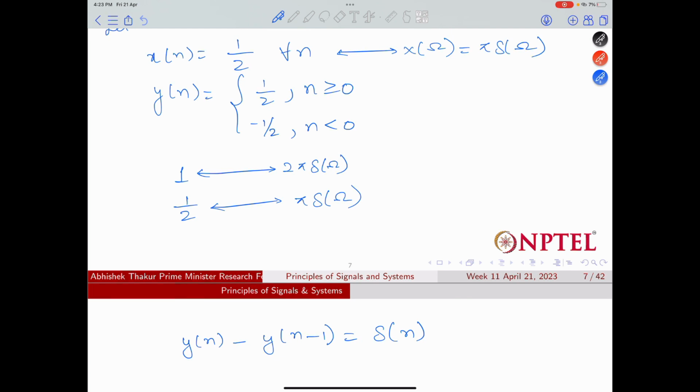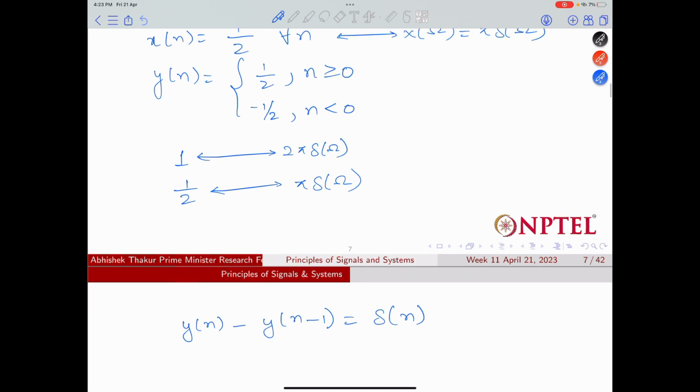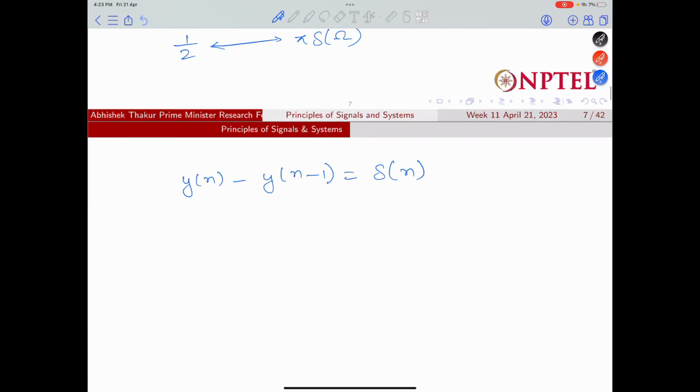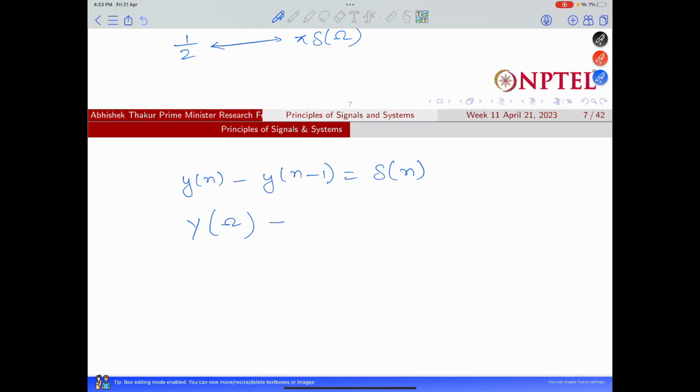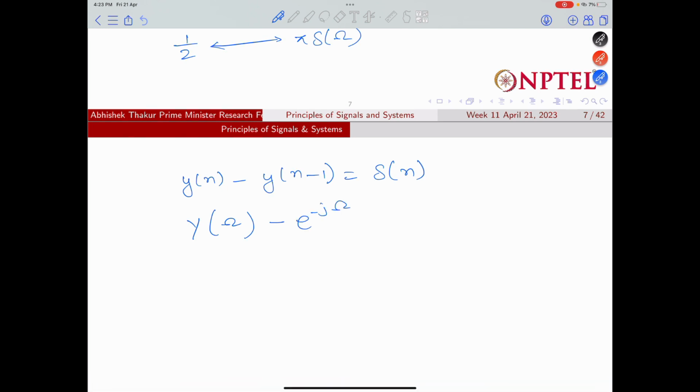So when you do y of n minus 1 for the negative value of n, this will become del of n. So now when you take the Fourier transform, you will get Y of omega minus e to the power of minus j omega Y of omega, that is equal to 1, because the Fourier transform of del n is 1.